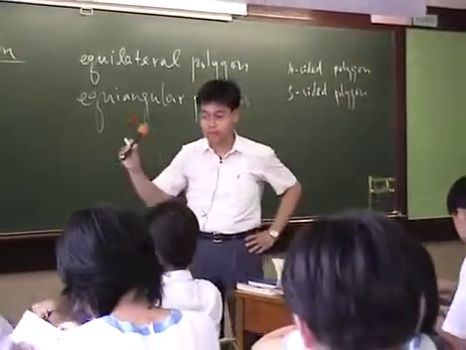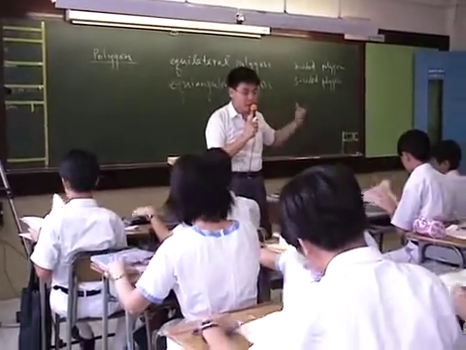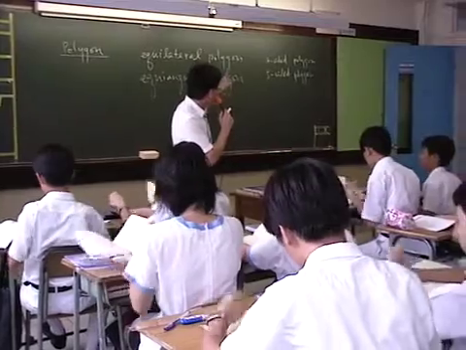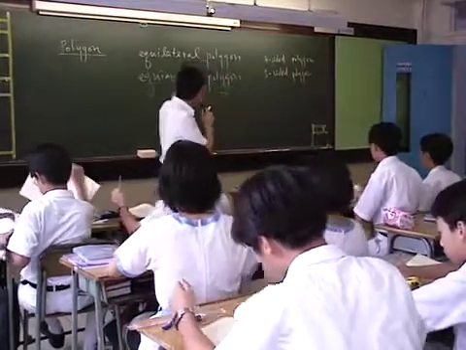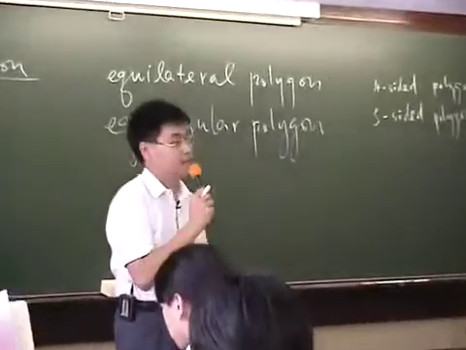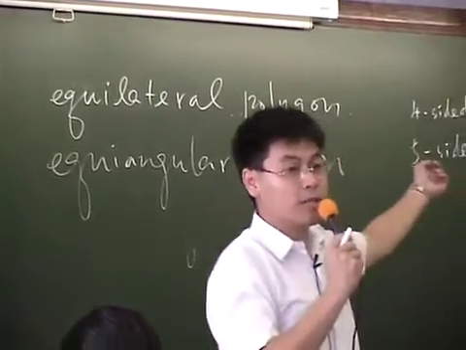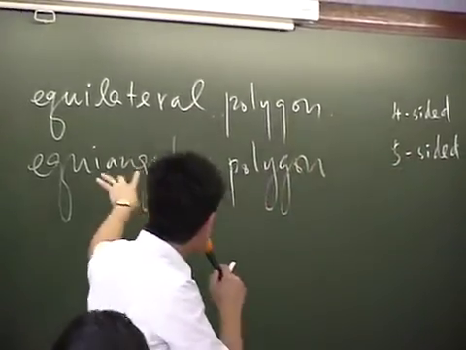Then I will ask you to come out and help me to draw the 4-sided polygon that is equilateral but not equiangular, and another 4-sided polygon that is equiangular but not equilateral.